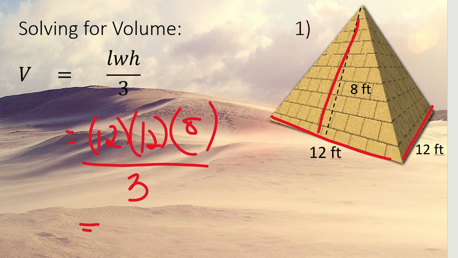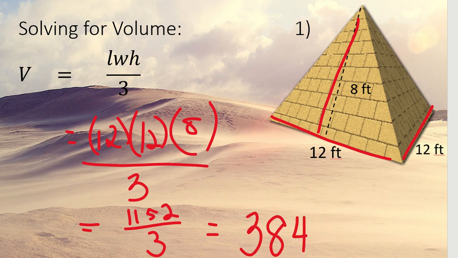So if I do 12 times 12, I get 144, and then 144 times 8, I get 1,152, and then I do the divide by 3 step, and I get 384 feet cubed, still the little 3, and that's your answer. Pretty simple, right? Pretty straightforward. Take the 3 numbers, plug them into the formula.